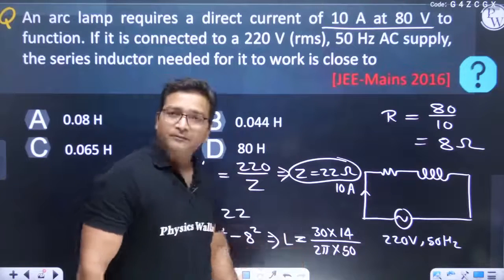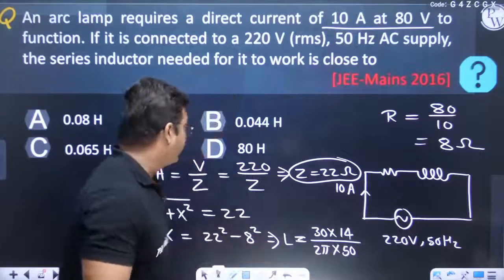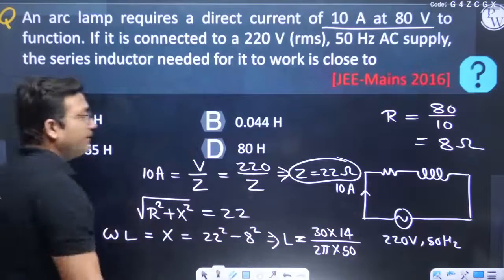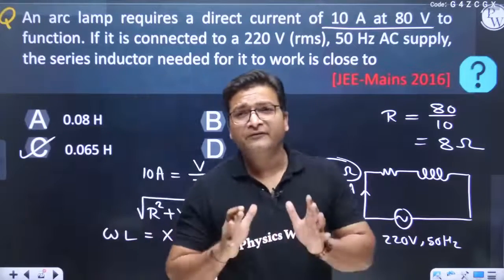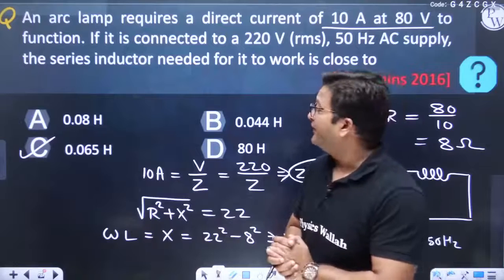So you calculate it well and you will find option C as the correct choice, because the answer will be very close to 0.065 Henry.